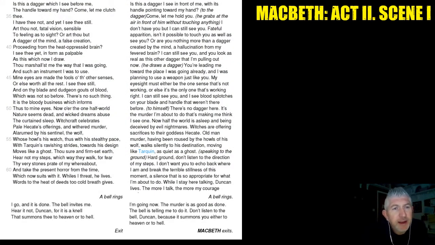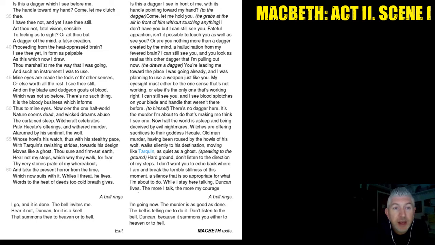Is this a dagger which I see before me, the handle toward my hand? Come, let me clutch thee. I have thee not, and yet I see thee still. Art thou not, fatal vision, sensible to feeling as to sight? Or art thou but a dagger of the mind, a false creation proceeding from the heat-oppressed brain?